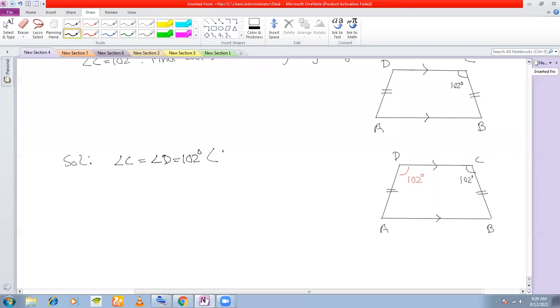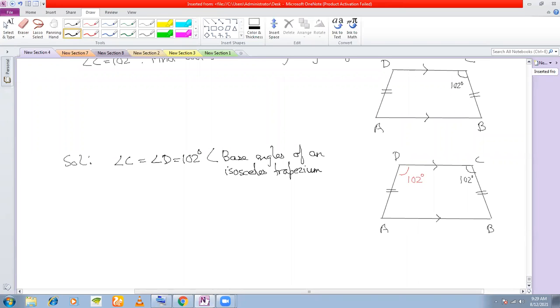Why? Because base angles of an isosceles trapezium are equal. Sir, is the property that adjacent angles of a trapezium are 180 degree satisfied with this? Yes, even adjacent angles are 180 degree.